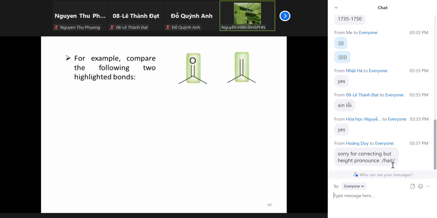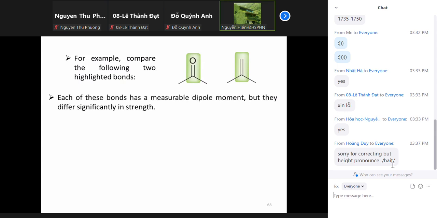You see two double bonds. One is a C=C double bond and the other is a C=O double bond. They are both double bonds, but if you measure their dipole moments, they will have different values.